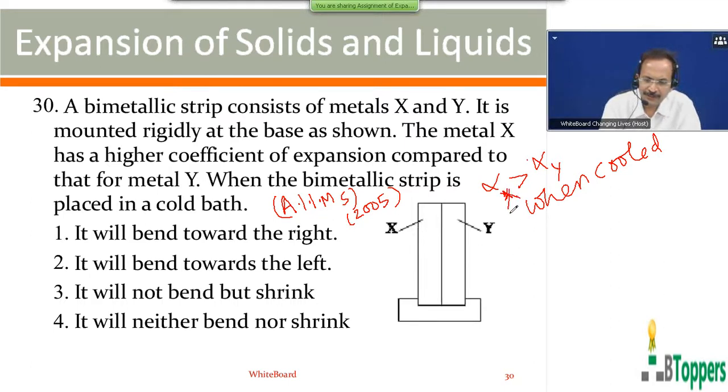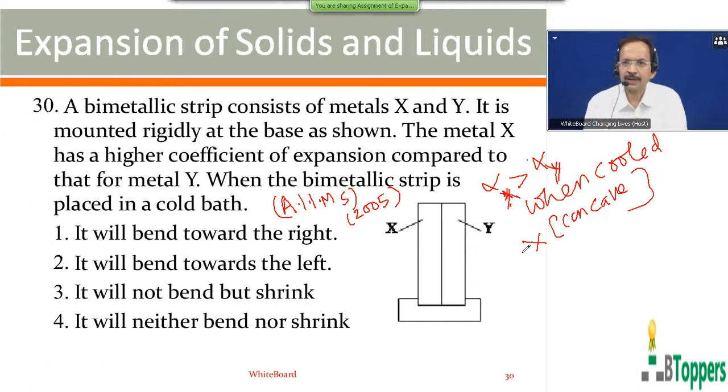As I discussed in the past, when a bimetallic strip is heated, it will bend with the metal having the greater coefficient on the convex side. But when cooled, it bends with that metal on the concave side.